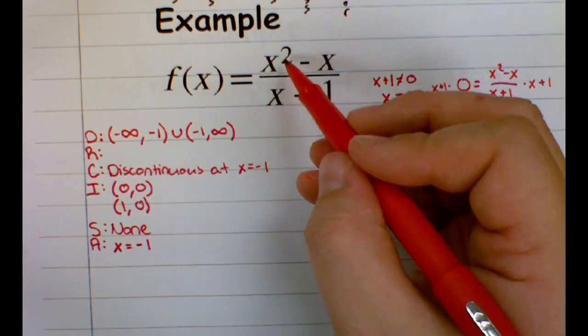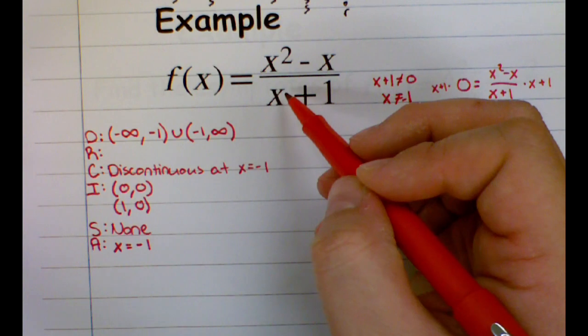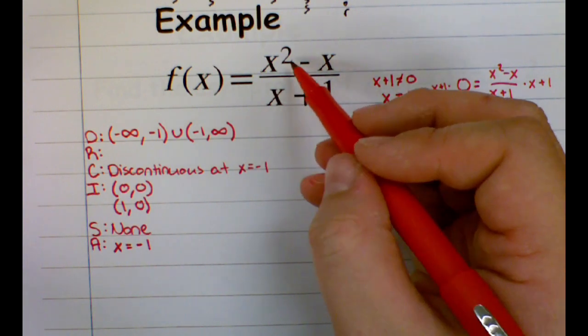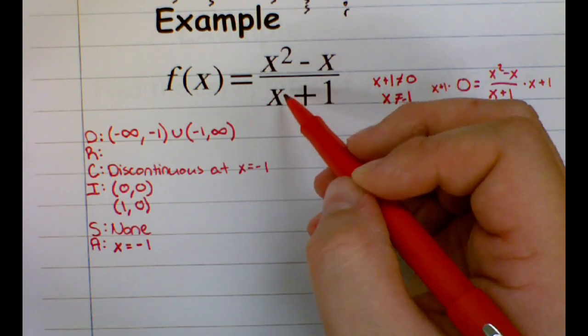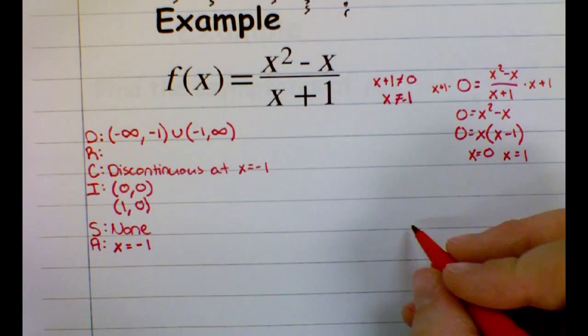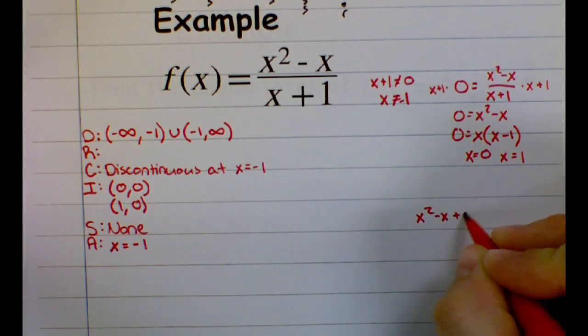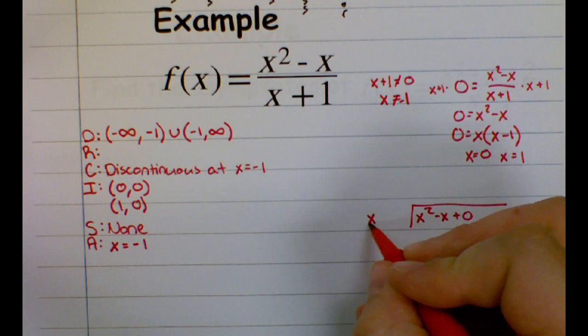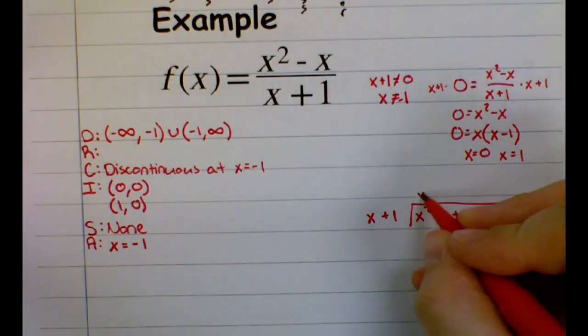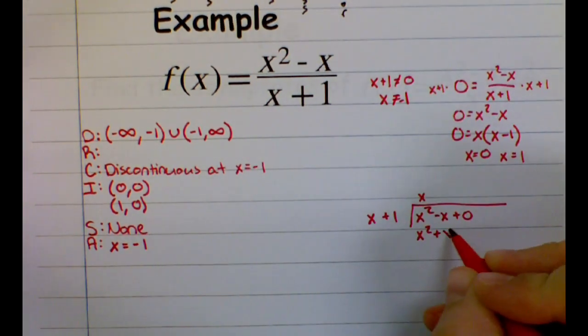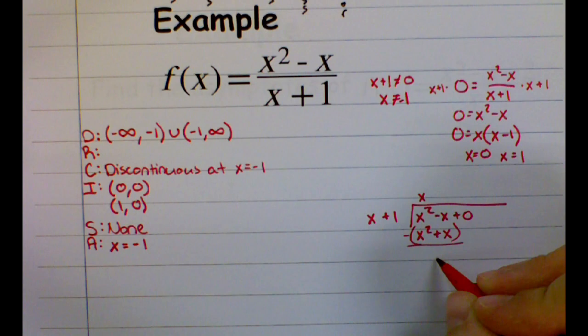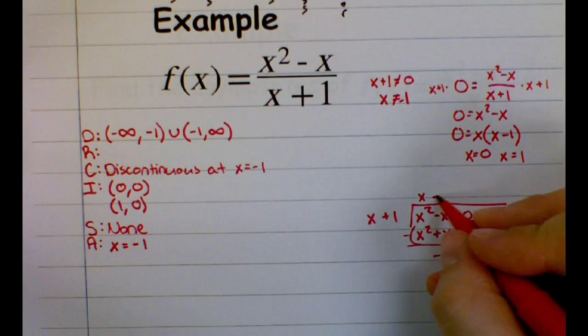Well, the numerator's degree is bigger than the denominator, so there's not a horizontal. The numerator is exactly 1 larger than the denominator, though, so there's a slant. For a slant asymptote, we take the numerator divided by the denominator, and I get x minus 2x plus 0 minus 2.